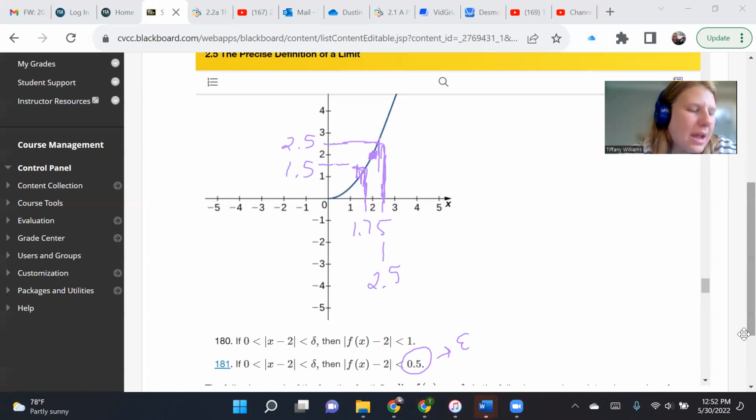Okay, so now what I want to do is figure out what's the difference between these two and 2. So what I'm trying to do here is figure out what delta is going to be associated with this epsilon of 0.5. So to do that, I'm now going to focus on my x values. I'm going to focus on what's going on here. So it looks like for this one, I have, so let's see. So we have a difference of x's.